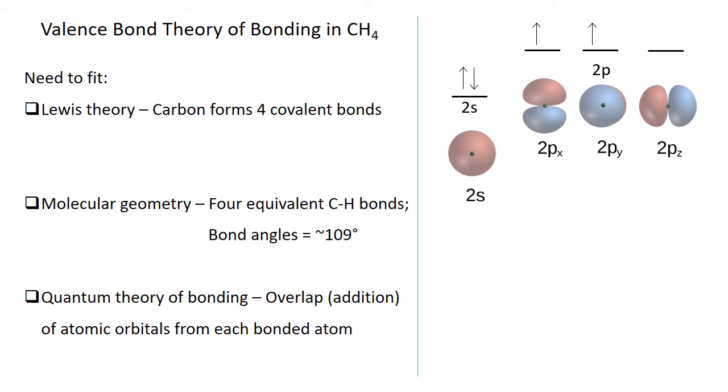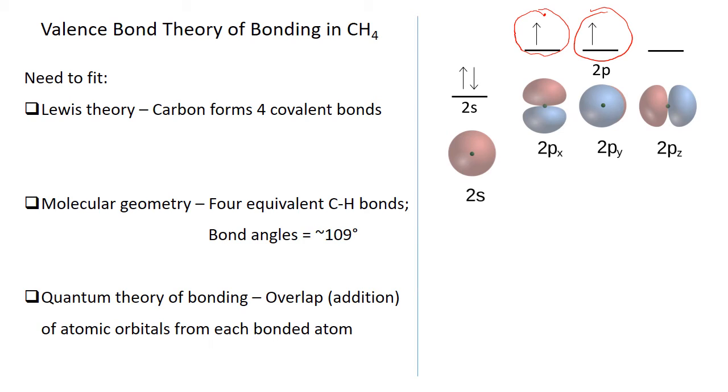Now, what Lewis theory tells us is that I should only be able to form bonds when I have a single unpaired electron sitting in an orbital somewhere. So if carbon in the molecule CH4, bonded to 4 hydrogen atoms, has exactly the same electron configuration as in the free atom, I should really only be able to form 2 bonds.